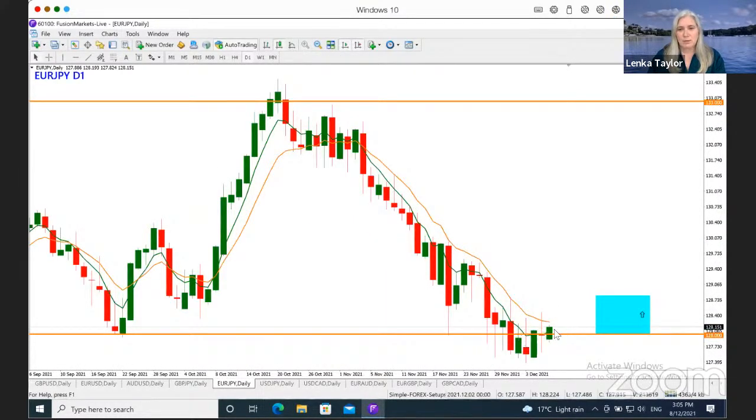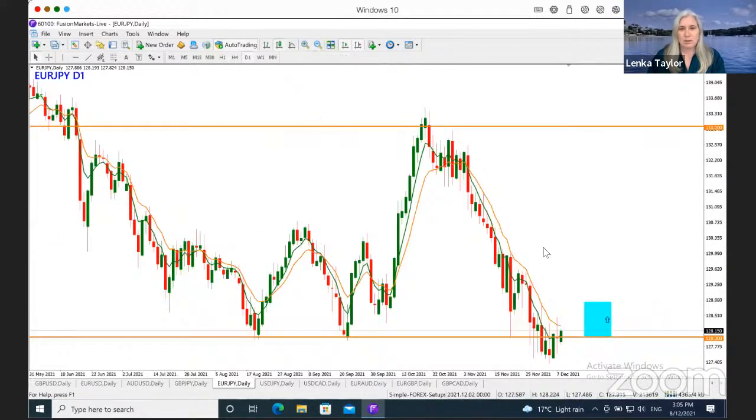We've already had a few bars going sideways, so I'm watching this price action potentially to take it up to that previous high or all the way to that top. So let's see what happens with that.